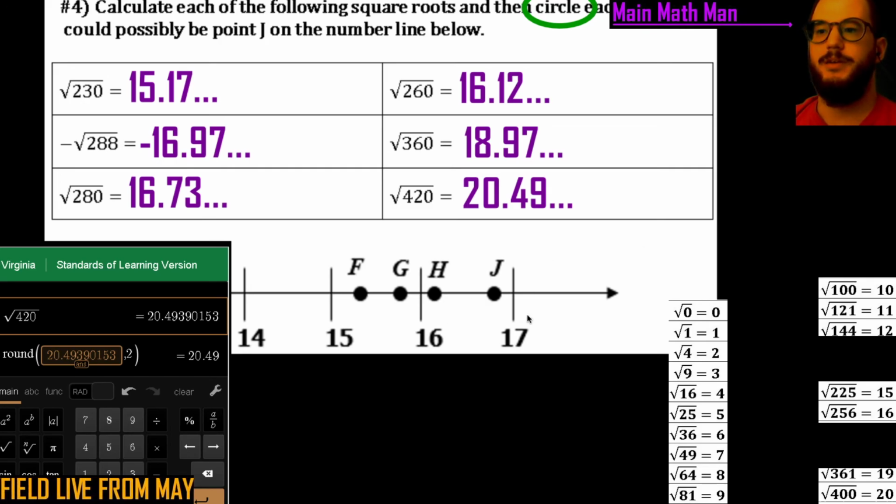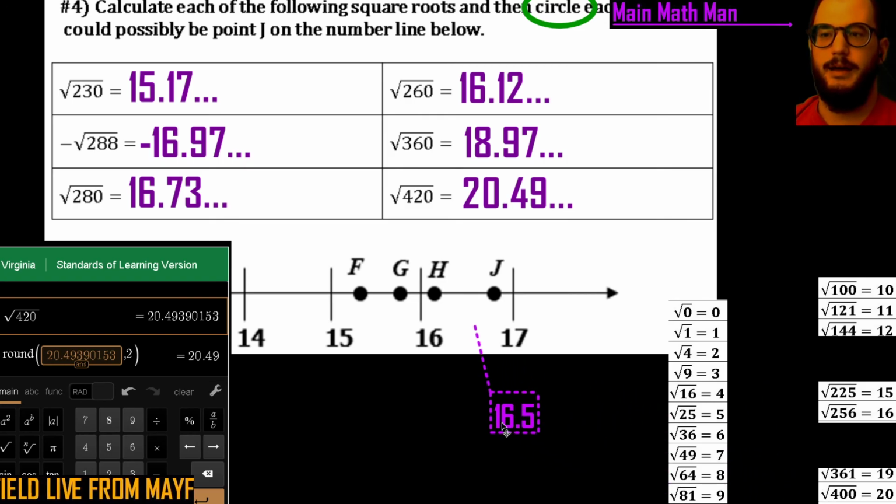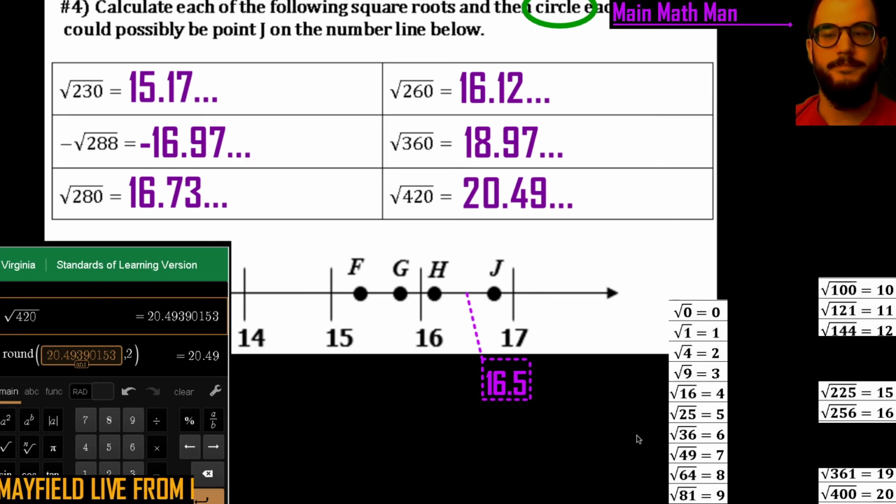Let's see which of these values is going to be the best guess for the point J. I know that right in the middle is going to be 16.5.